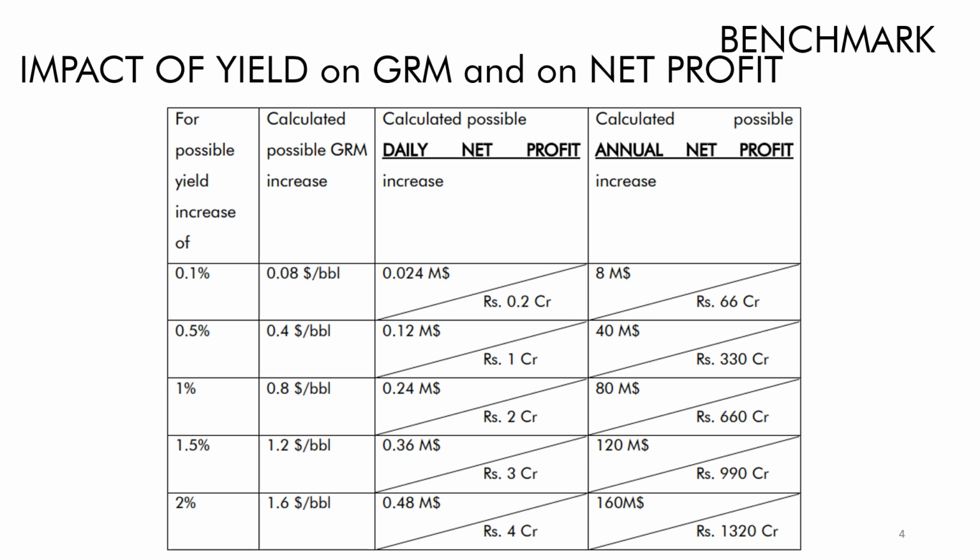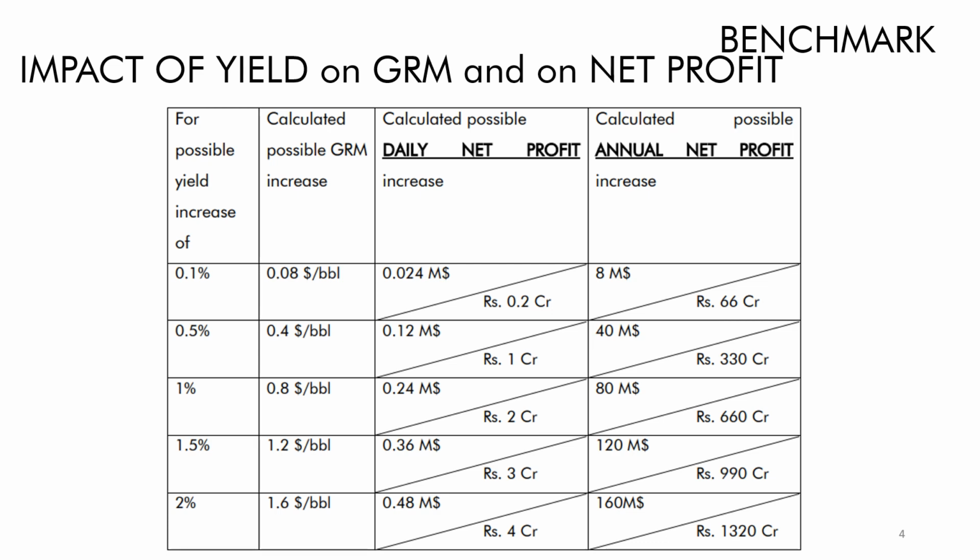This is about a 300,000 barrels per day refinery, and therefore the daily profit which is possible by arresting this 2% yield loss will be about $500,000 per day, which is about 4 crore Indian rupees per day, and this can be again extrapolated to annual.